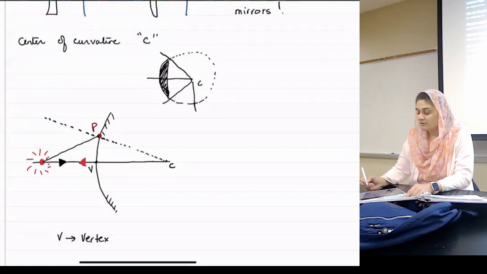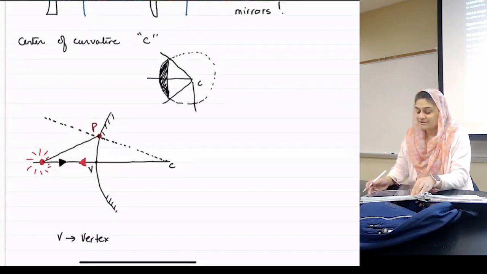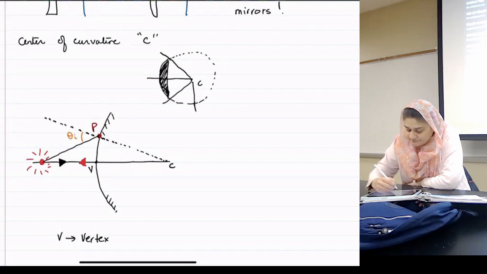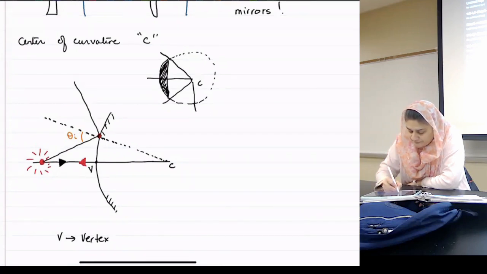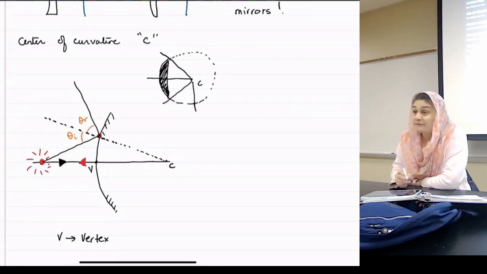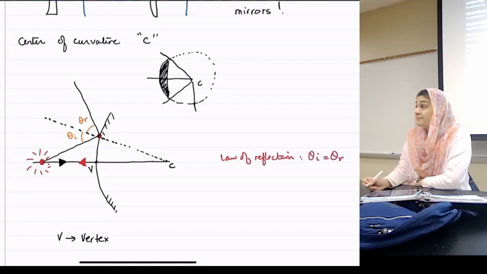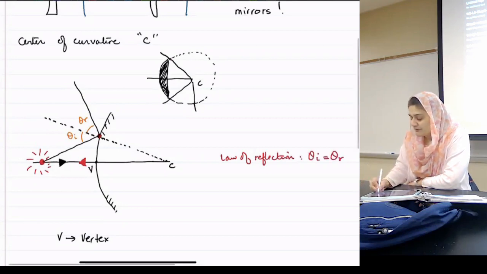And our law of reflection says that this angle, theta I, must equal the amount by which it is reflected back. So this is theta R. The law of reflection says theta I equals theta R. May I call both of them theta?